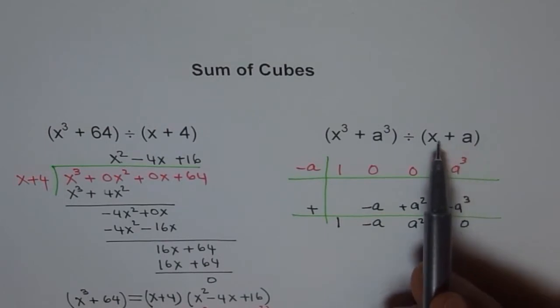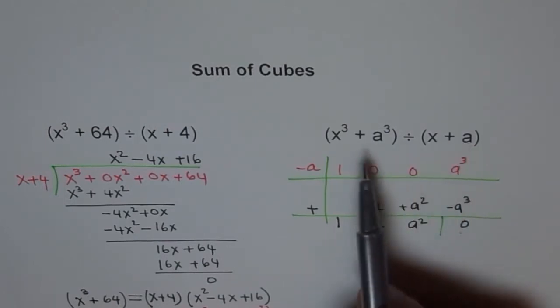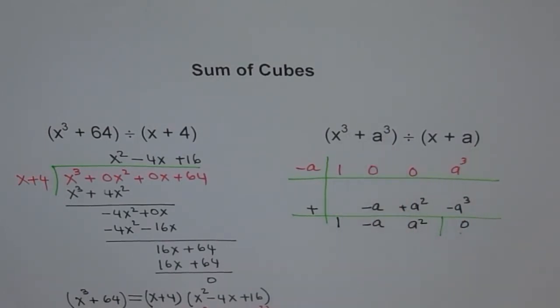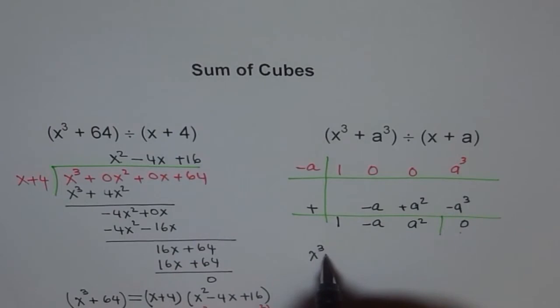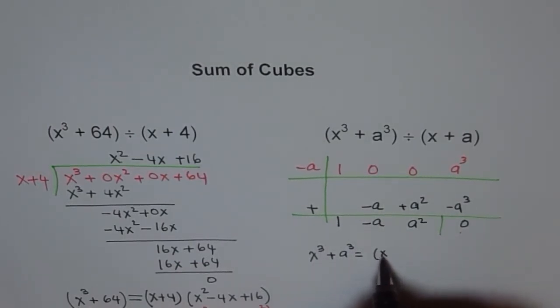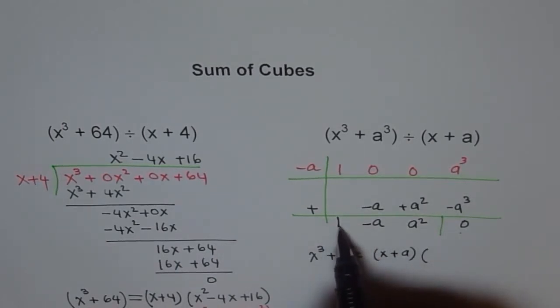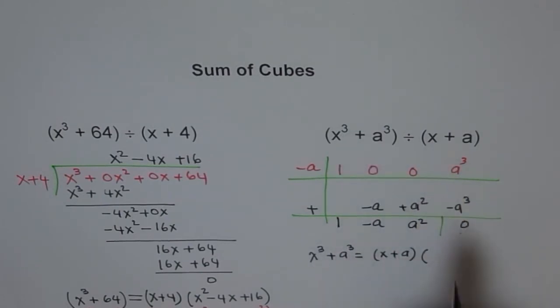That means x plus a is a factor of x cubed plus a cubed. So now I can write my division statement, which is x cubed plus a cubed is equal to x plus a times, this is what? Leading coefficient should be x square because you multiplied cube by x, okay?